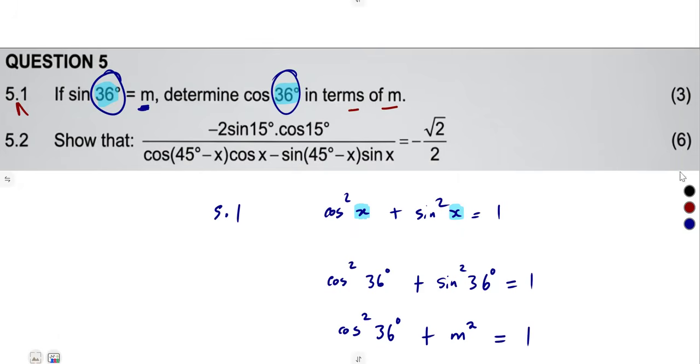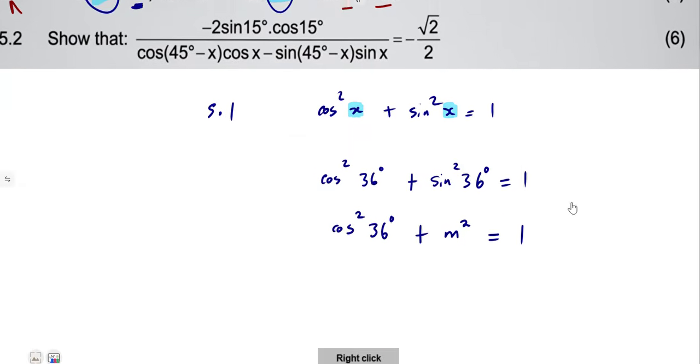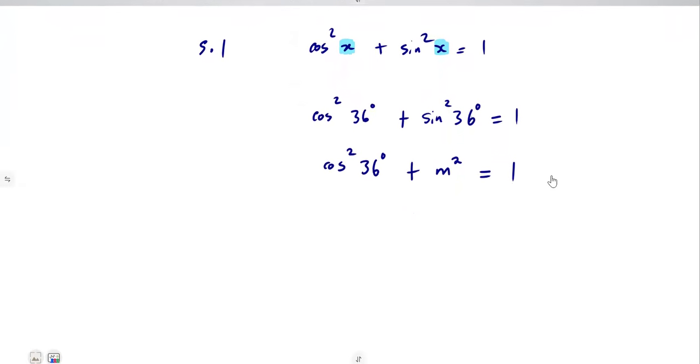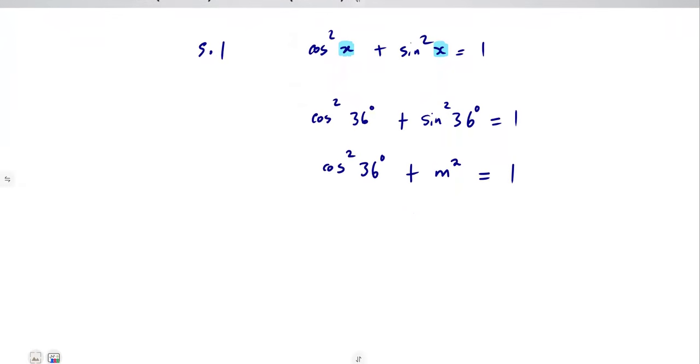So m squared, which is equal to 1. Since our cos is needed in terms of m, we are in the right direction because we have our m. So you're simply going to make cos 36 the subject. Cos squared 36 degrees is equal to 1 minus m squared, taking that m squared to the other side.